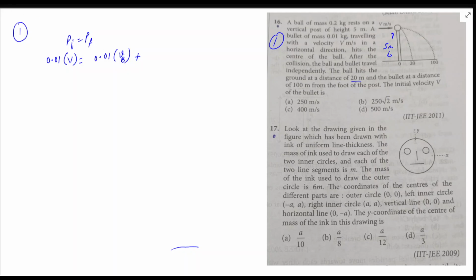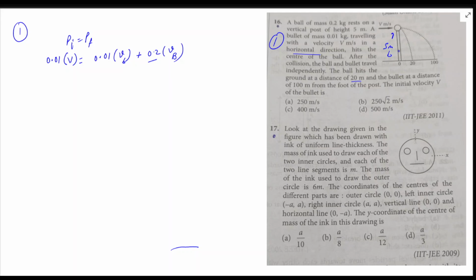Let small b represent the bullet and capital B represent the ball, so the ball's mass is 0.2 times its velocity V_B. Now, the collision occurs in the horizontal direction, so both will have only horizontal velocity.